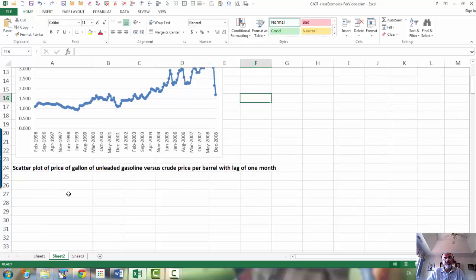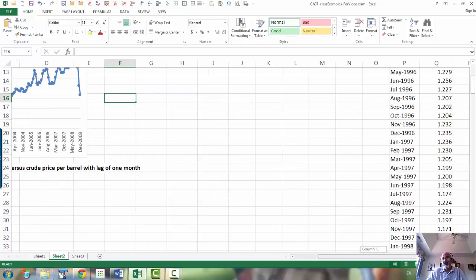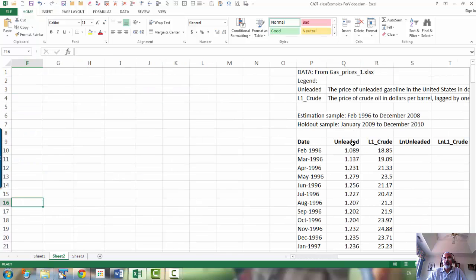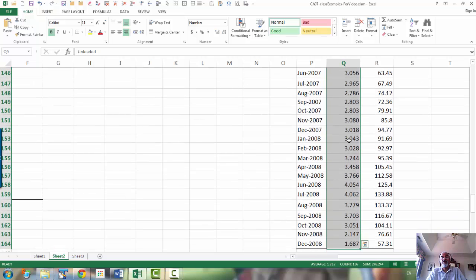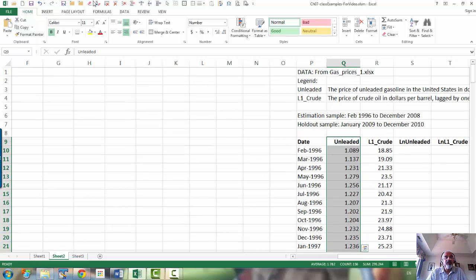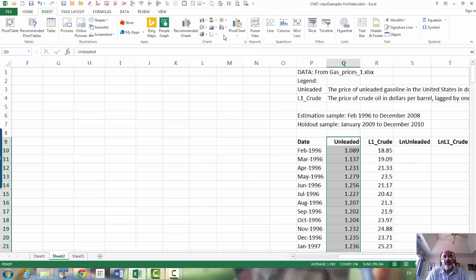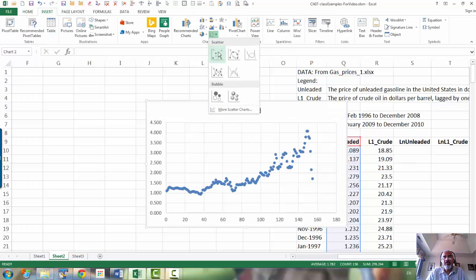Now let's do a scatter plot between the price of gasoline and crude oil. The y value is first, and the x value comes next. We cannot highlight both columns at the same time, so we go one column at a time. We highlight the y values and insert a scatter plot.